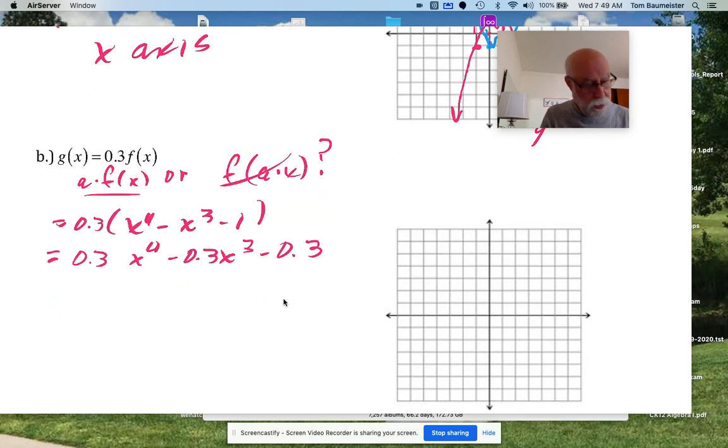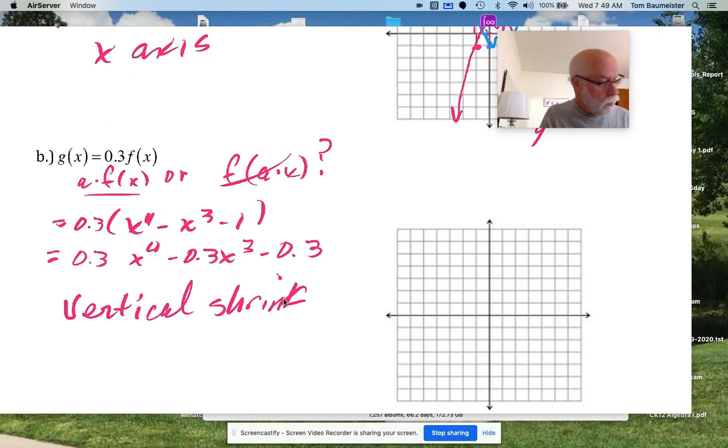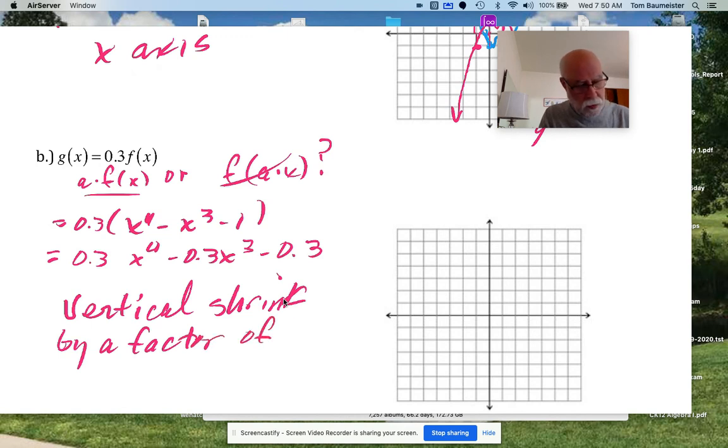And remember on this one here, since it's a times f of x, that will be a vertical shrink by a factor of 0.3.